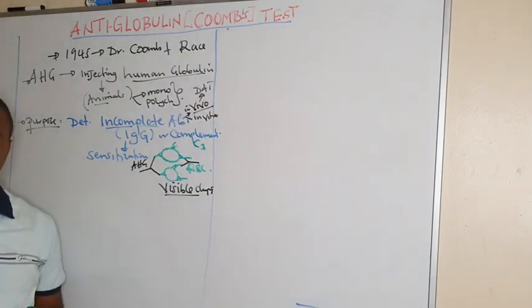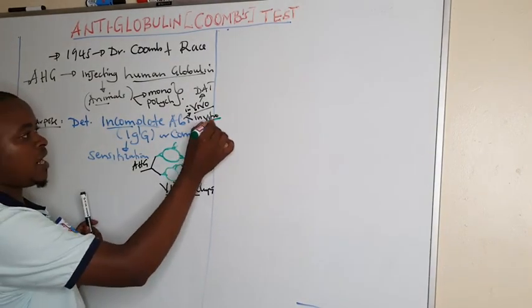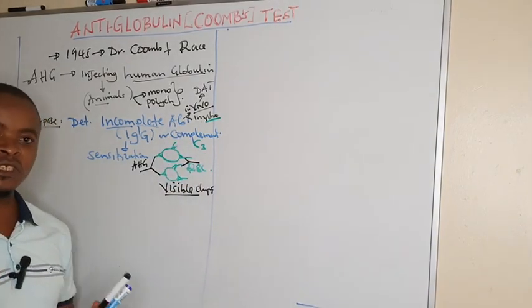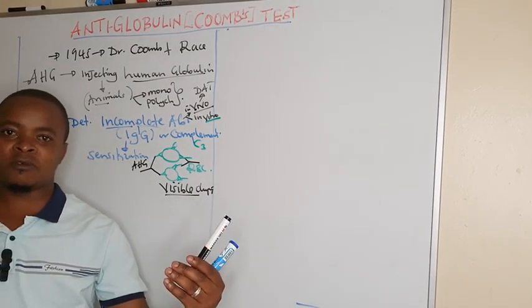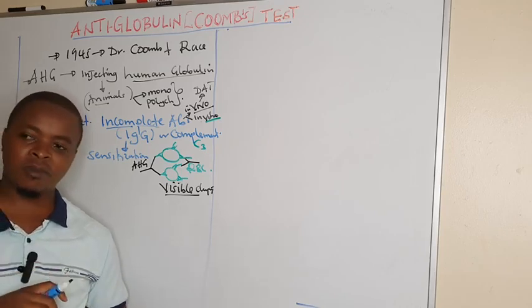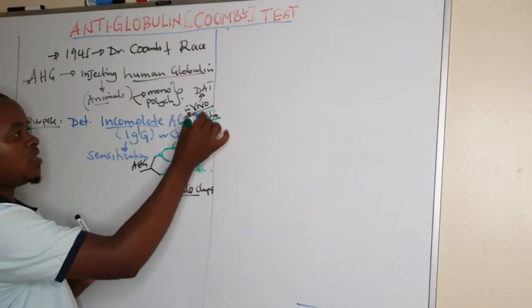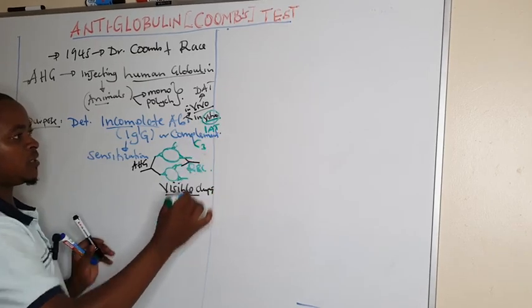But if the sensitization is done in vitro, that is in a test tube, you get the serum from the recipient and combine it with the donor cells. We are able to sensitize these cells in vitro, and here we do what we call the indirect Coombs test.